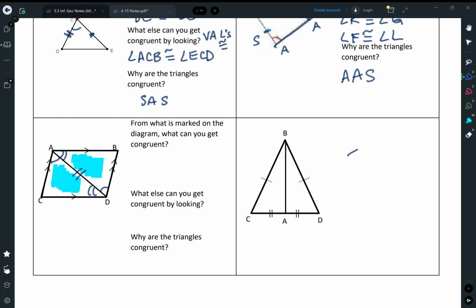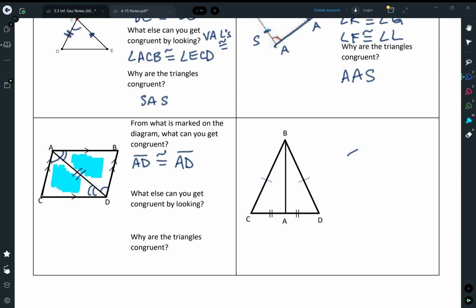It says from what is marked on the diagram, what can you get as congruent? Well, I guess we could start out with the angles, or we could start out with that side. So I'm going to go ahead and start by saying AD is congruent to itself, that segment. That's the first thing I spotted. And then the next thing is that we have those congruent angles.